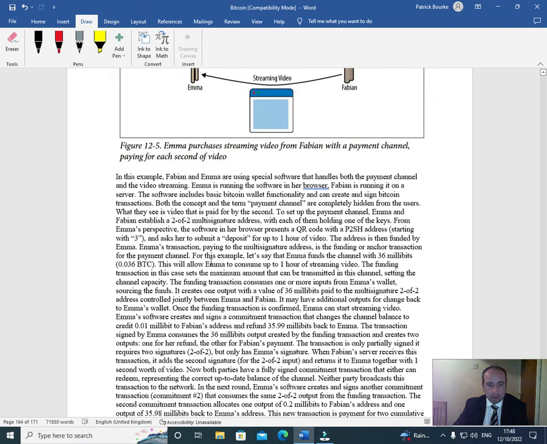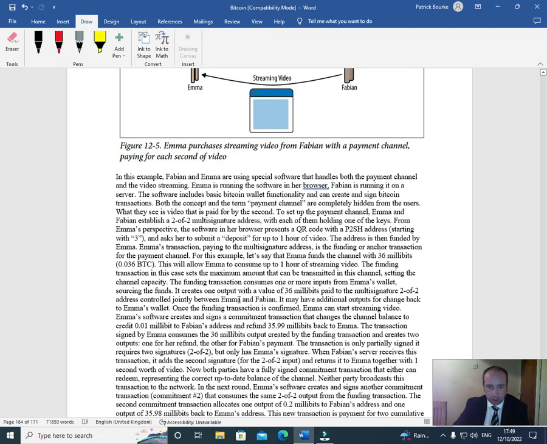For this example, let's say that Emma funds the channel with 36 millibits, 0.036 BTC. This will allow Emma to consume up to 1 hour of streaming video. The funding transaction in this case sets the maximum amount that can be transmitted in this channel, setting the channel capacity. The funding transaction consumes one or more inputs from Emma's wallet, sourcing the funds.